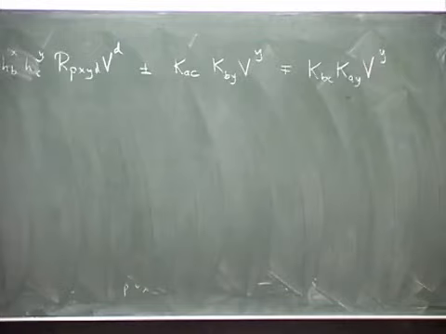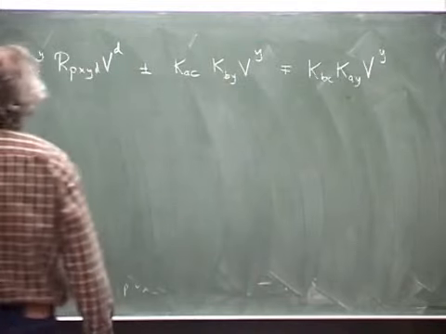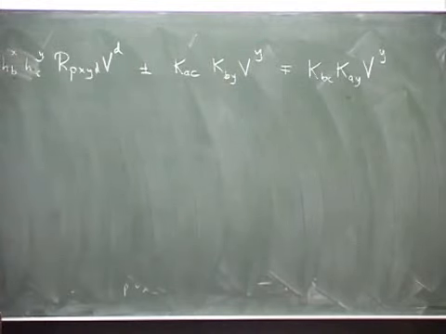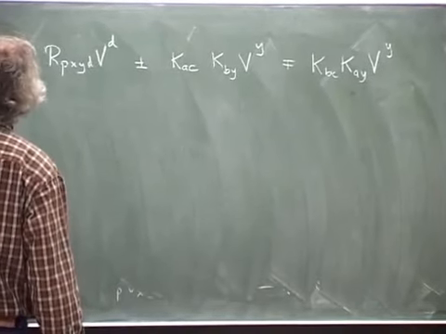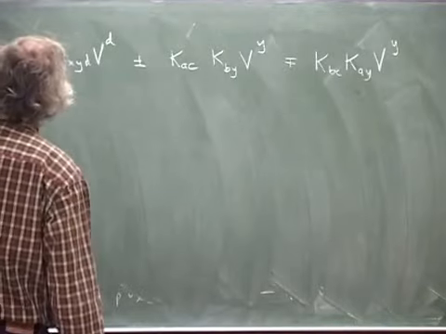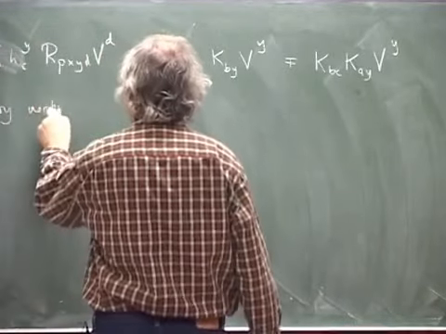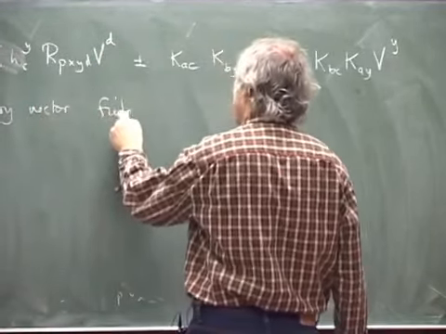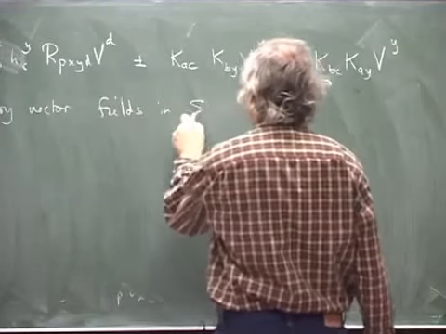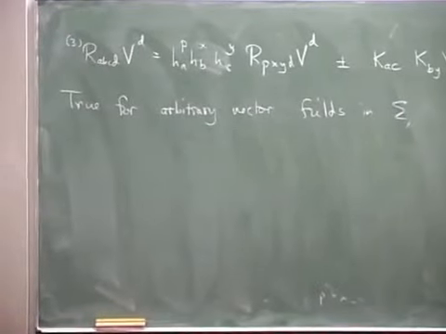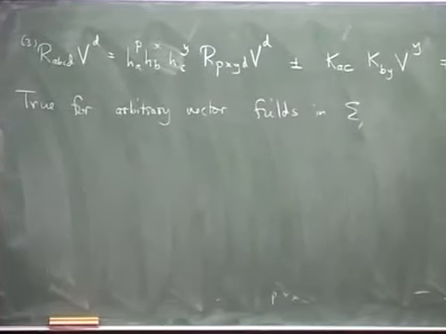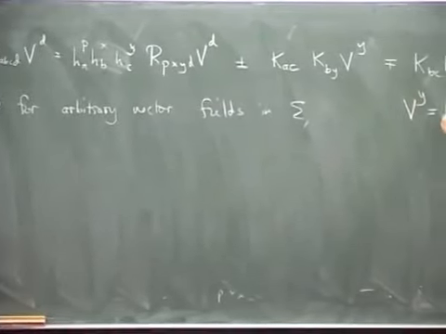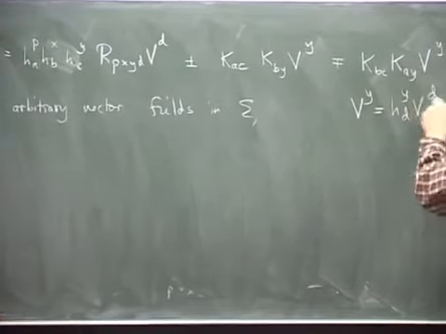This is true for arbitrary vector fields sitting in sigma. Those we call v^y, which have the property that v^y can be written in the form h^y_d v^d.